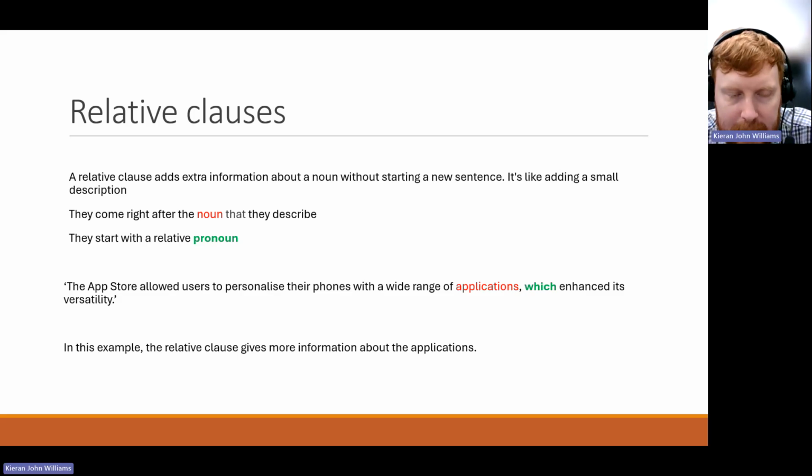And they start with a relative pronoun. So this can be which or that, or who, or when, or where, etc. We'll see them on the next screen anyway. So you have your noun, and then you use one of those words, and then you give the description afterwards. So in the example, the App Store allowed users to personalize their phone with a wide range of applications, which enhanced its versatility.